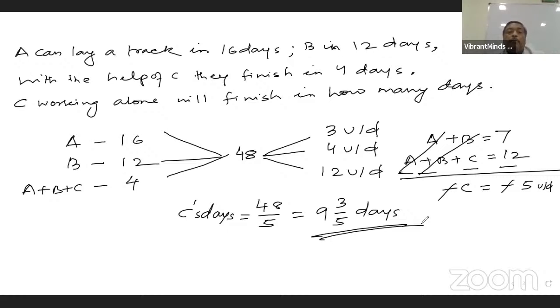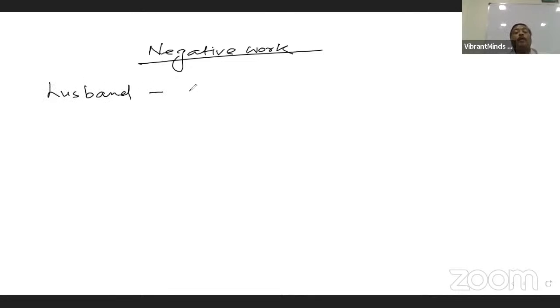Now see, the questions are basically of these types. But once again, let me introduce you to negative work. Let's see, what is negative work? Suppose there is a husband who can complete a job in 10 days. And he has a wife.